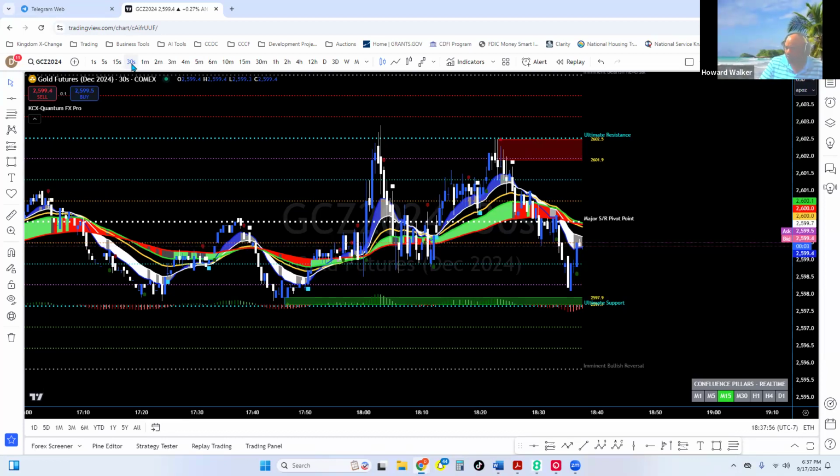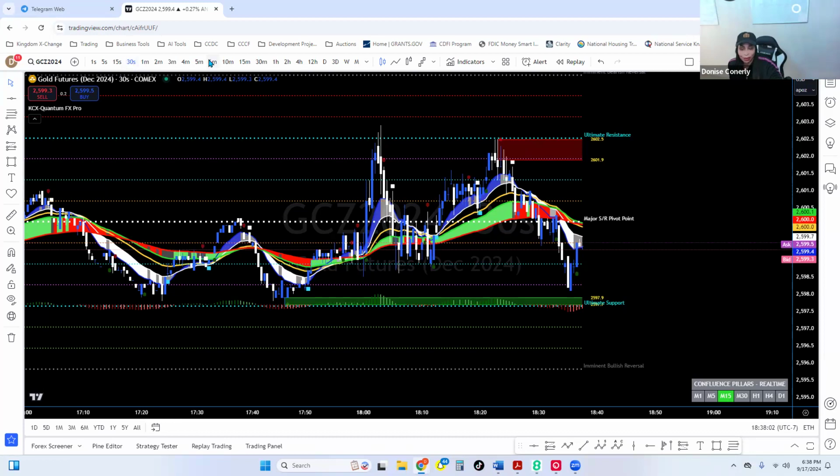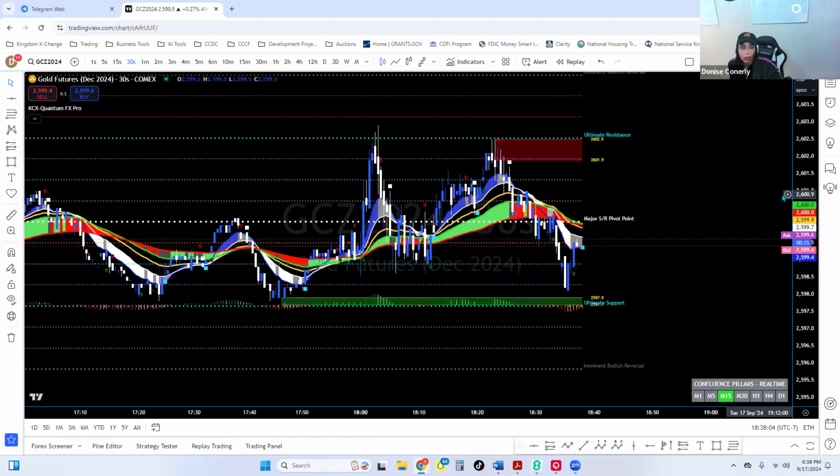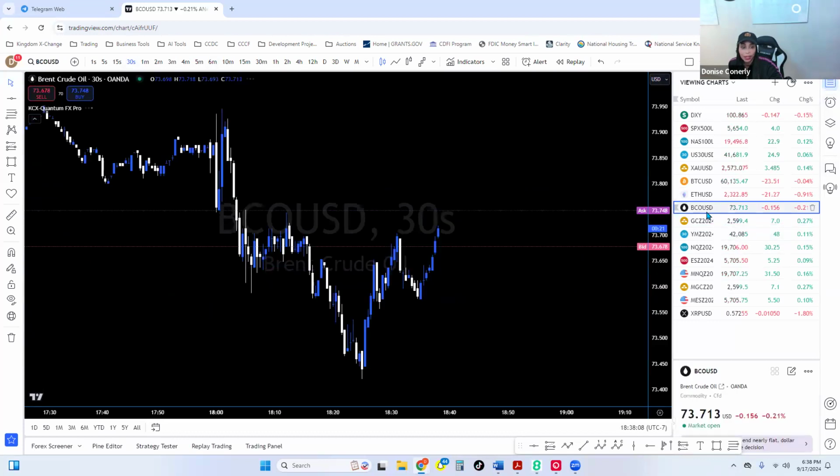What's the symbol for natural gas? For oil, rather? BCO, I'm sorry, Brent crude oil. So you'll just type in Brent crude oil. You mean in Tradovate? Tradovate, yeah.